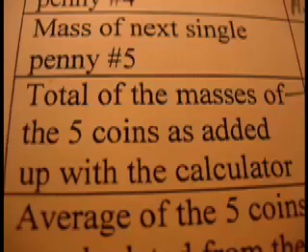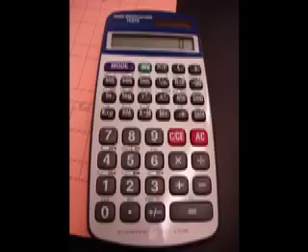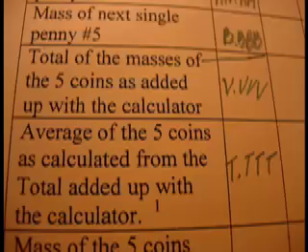The next direction says to find the total of the masses of the 5 coins, added up with a calculator. We will add up these 5 values and find a number that again has 3 decimals. Use the calculator, plus, and get a total. And now we need to find the average of the 5 coins as calculated from the total.